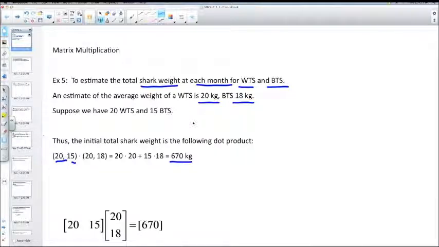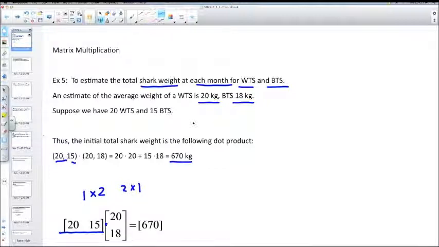Well, now let's write it in a matrix form instead of a vector form. Then the first matrix needs to be written as a row. That's a 1 by 2 vector. And the second one is a 2 by 1 vector.